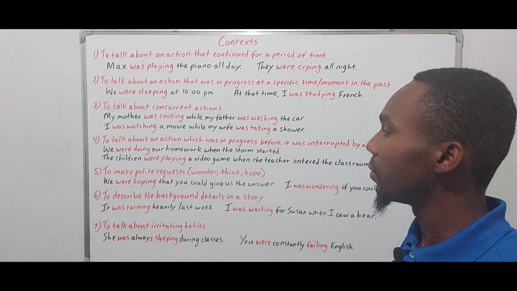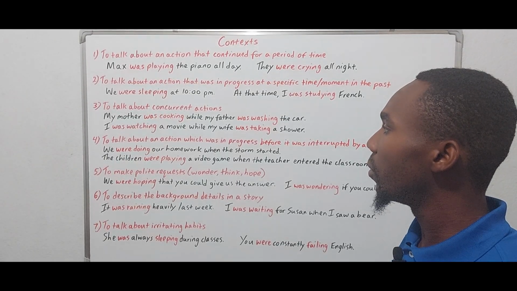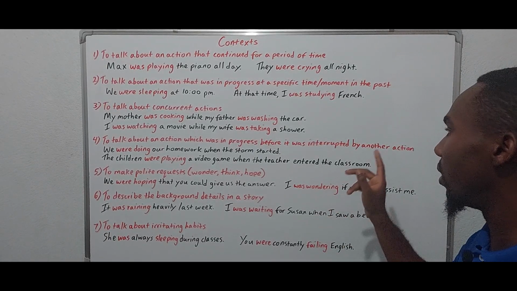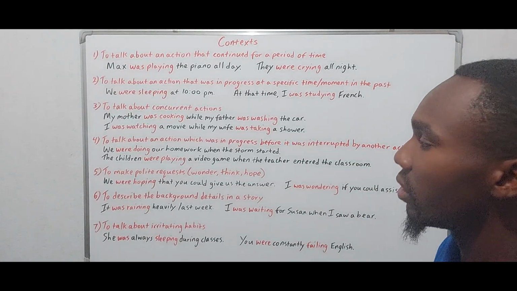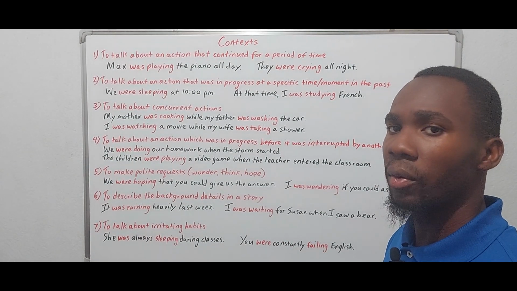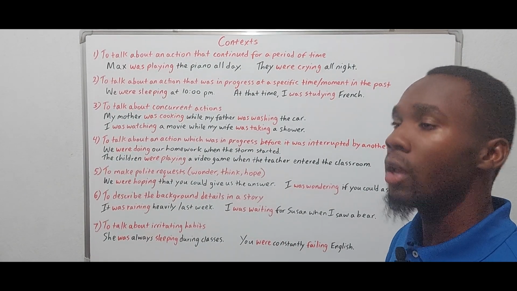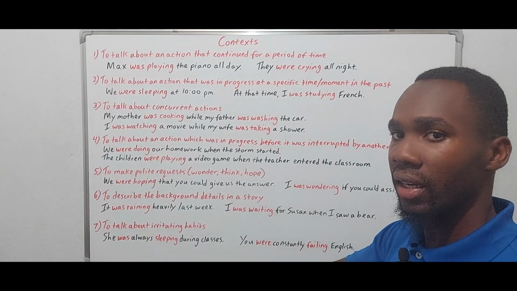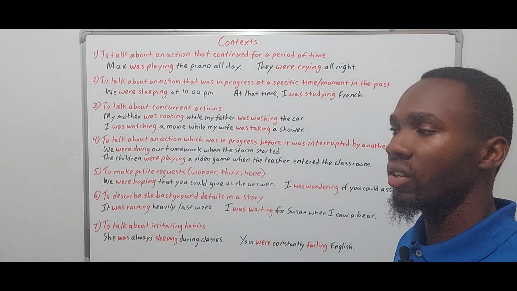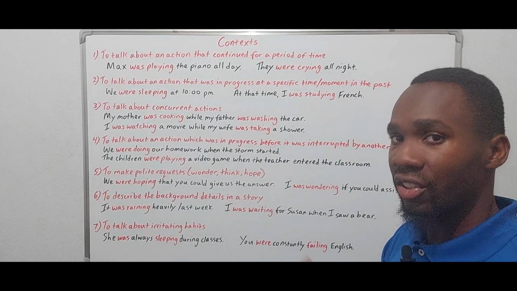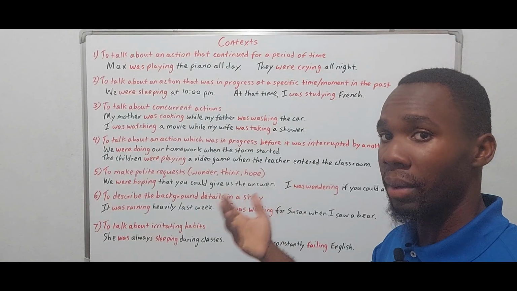All right, 4. To talk about an action which was in progress before it was interrupted by another action. Now, this is important. We use the past continuous to talk about an action that was in progress before it was interrupted by another action. So when we mention the action that interrupted the action that was in progress, we utilize the past simple.